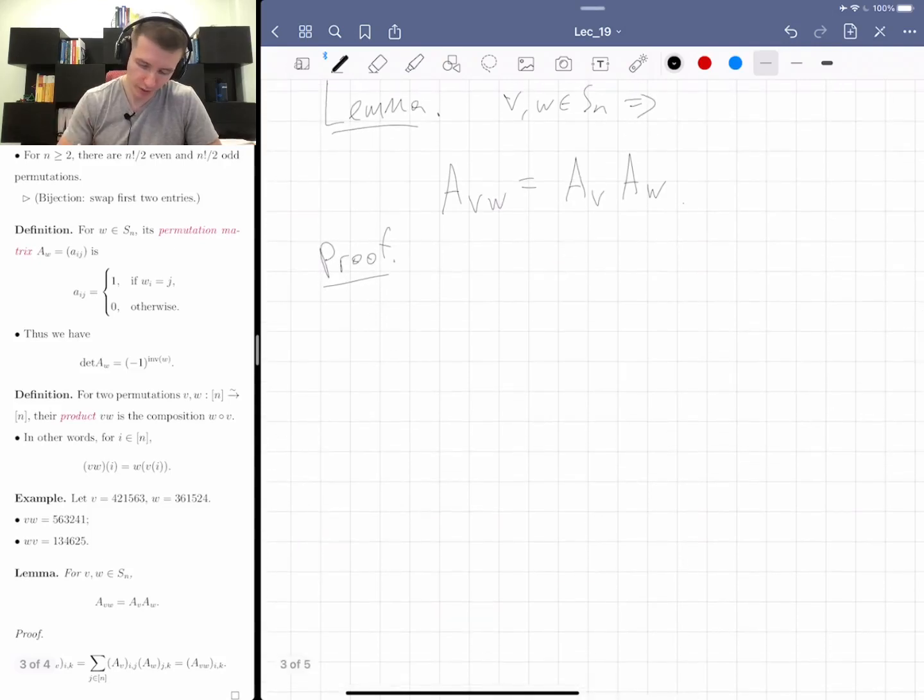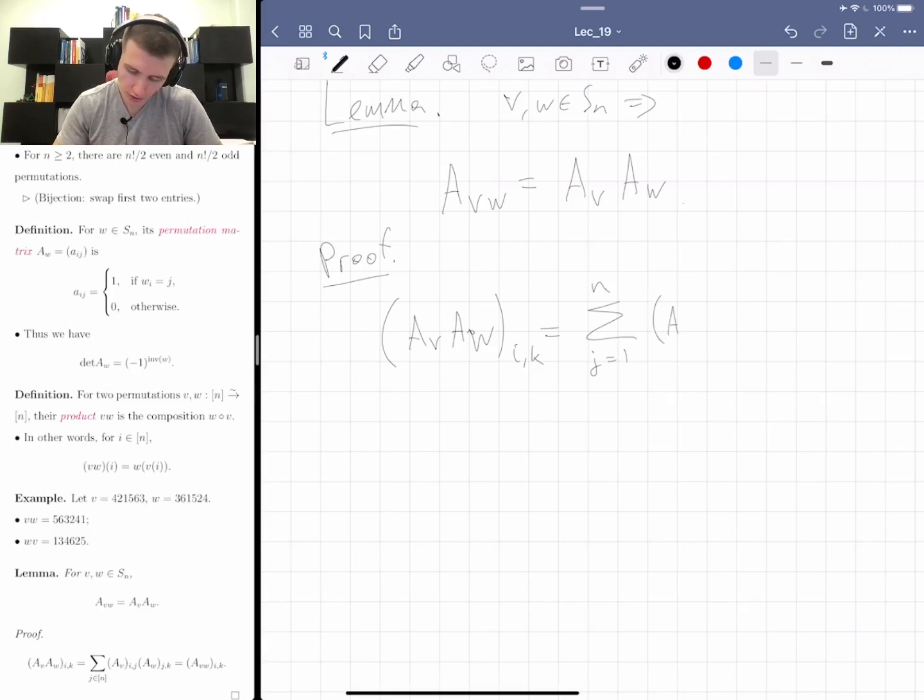I'm assuming you all remember how to multiply matrices, so if I multiply two matrices, A_V times A_W, that's the right hand side, and I take the (i, k) entry of this product, and by definition this is the sum over j from 1 up to n of the first matrix (i, j) times the second matrix (j, k).